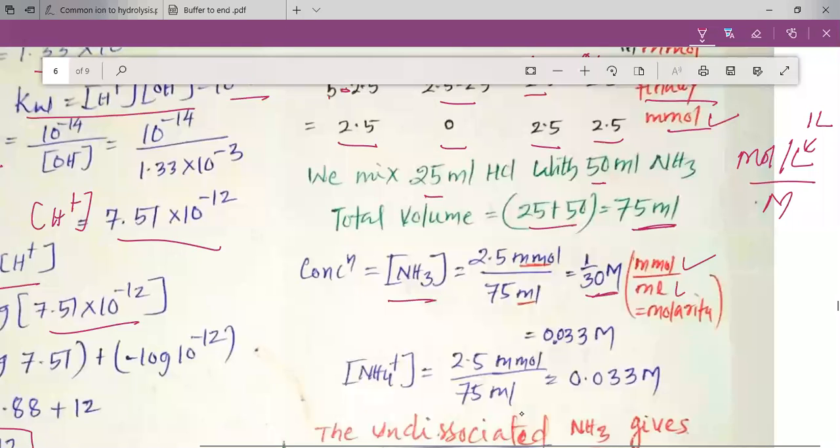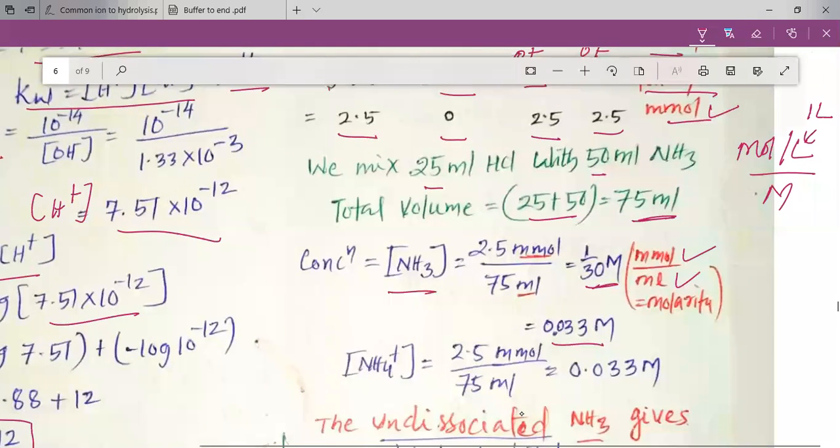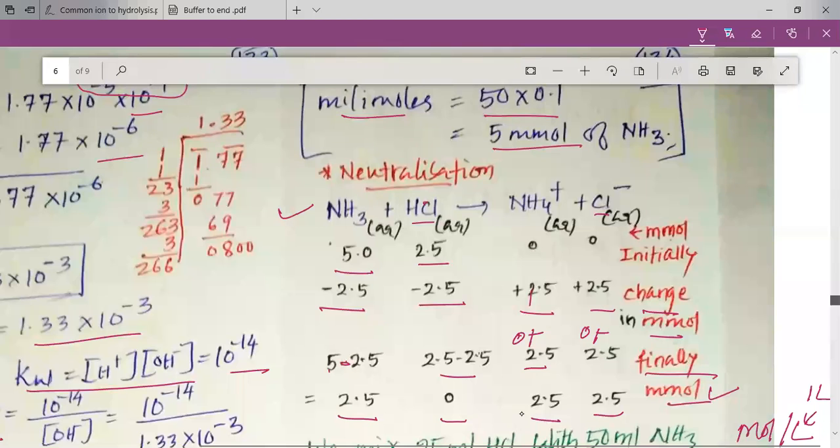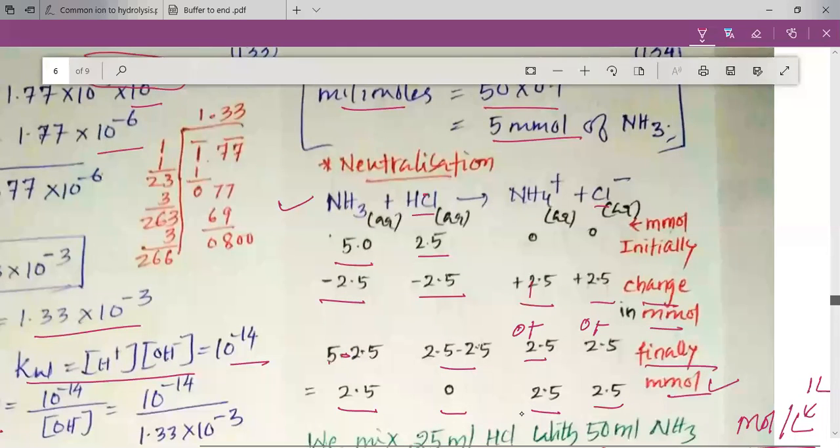Please remember, this is 1 by 30 molar, which is equal to 0.033 molar. That is what it gives us in 1 liter. So please remember, my dear students, that 1 ml is equal to 1 upon 1000 liter.